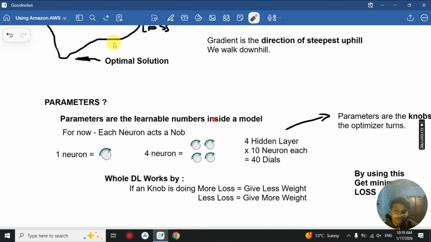And we will go towards the optimal solution. Finally, the optimal solution depends on particular dial weights for each parameter, and the optimizer's job in deep learning is to find those dial weights to minimize the loss.